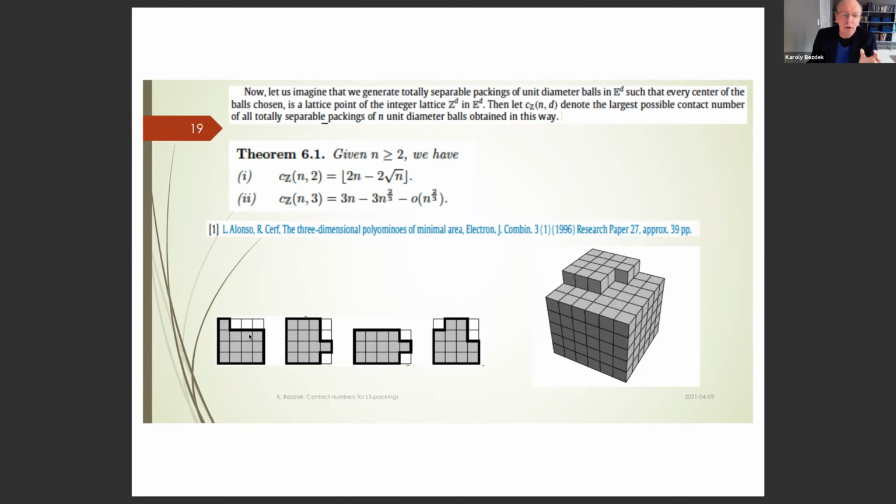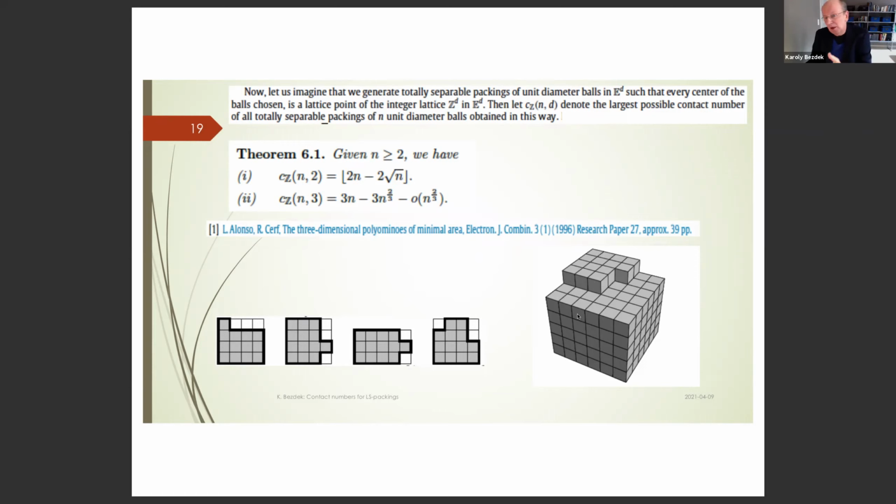Why? Because our task is to maximize the number of touching pairs of unit disks. In other words, we want to maximize the number of unit squares which share a line segment, and while doing so, we are minimizing the perimeter of the union.